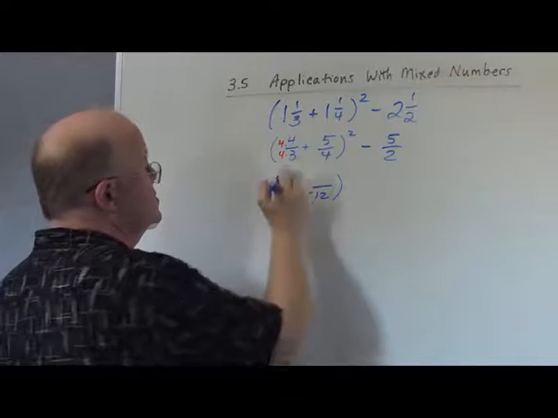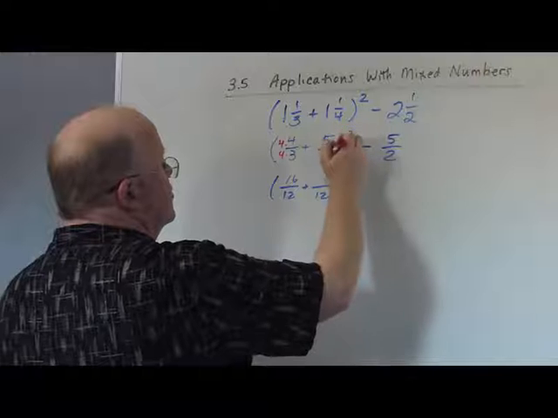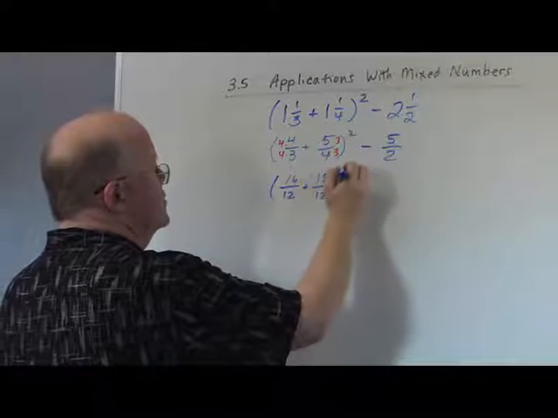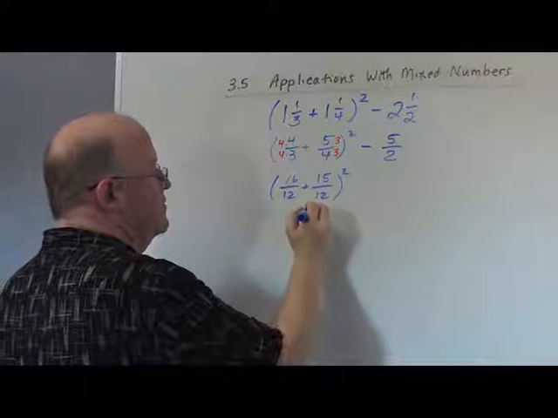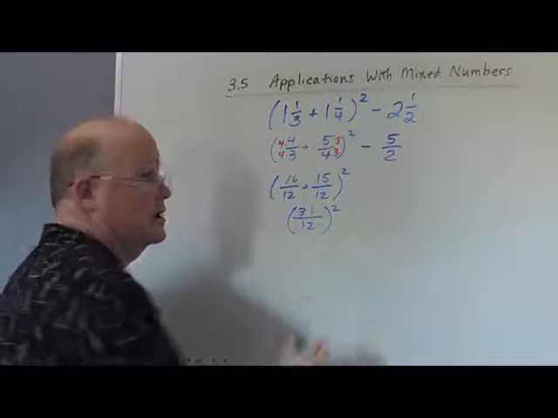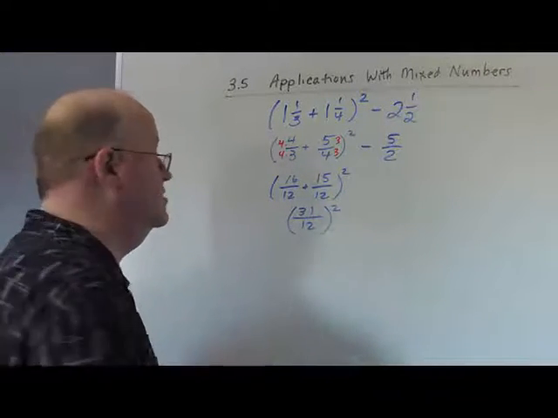So we're going to have 16 over 12. The second fraction is going to get multiplied by 3 over 3, and that will give us 15 over 12. So we're going to have 31 over 12 quantity squared.